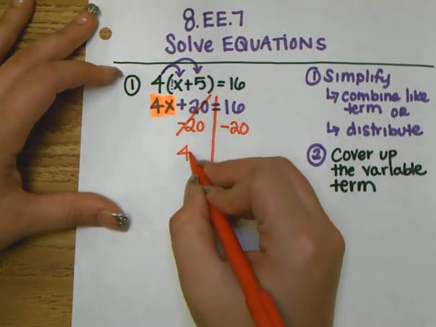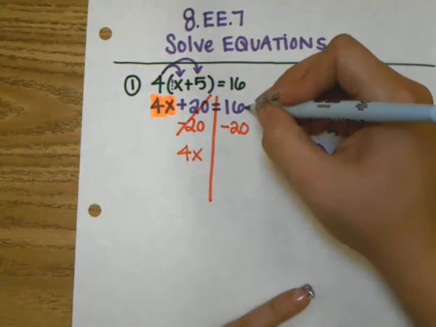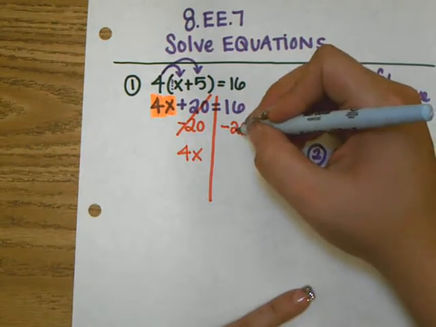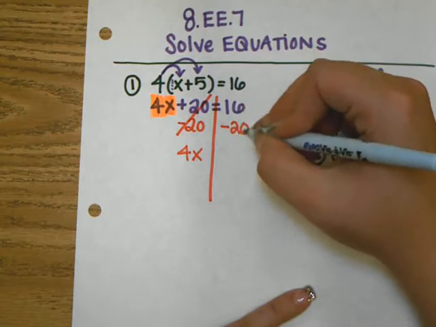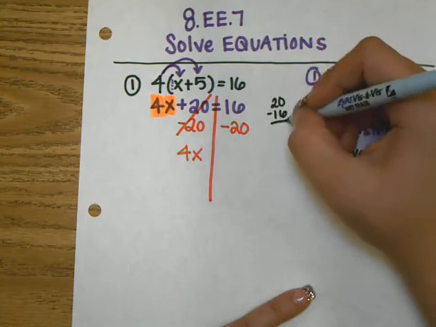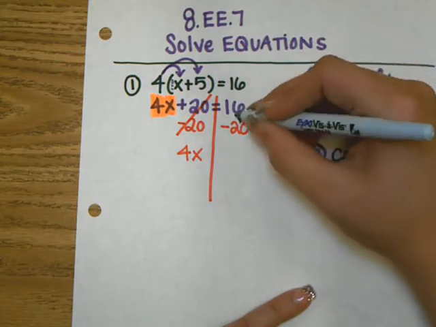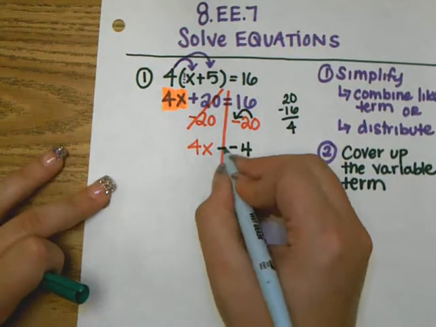And then we're going to bring down the 4x. Over here we have 16 and we have a negative 20. These are different. This is positive, this is negative, so we are going to subtract these. So 20 minus 16 is 4, and we look in front of the bigger number, we get negative 4.